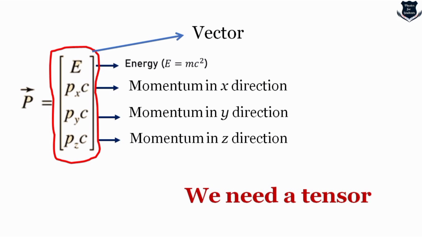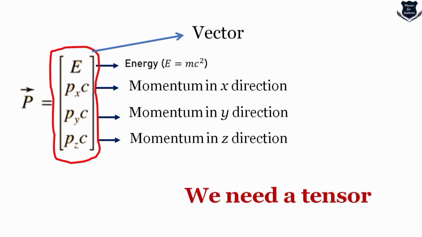Now it is still not the right phase in our video to explain why we need a tensor, but let me try to explain at this point of time. As we all know, from the special theory of relativity we are moving into the general theory of relativity, and general relativity deals with arbitrary spaces, curved spaces, bumpy spaces. So we need a mathematical object whose basic rules or ideas don't change when the coordinates change in any direction.